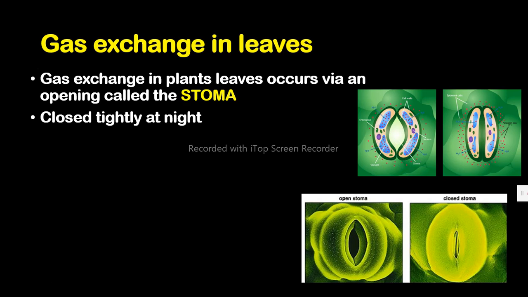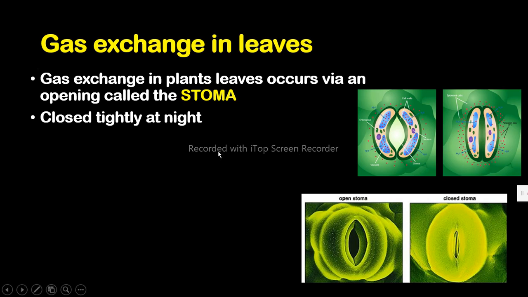It is controlled by a specialized parenchyma cell called a guard cell that opens the stoma when it is turgid and closes the stoma when it is flaccid. I hope you still remember that in transport, if you studied transport.